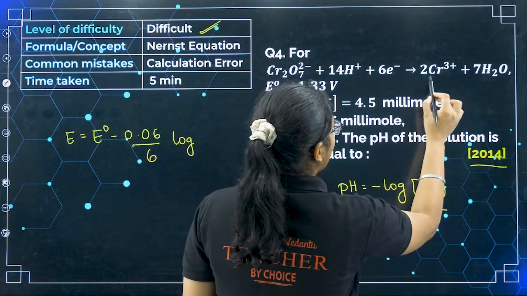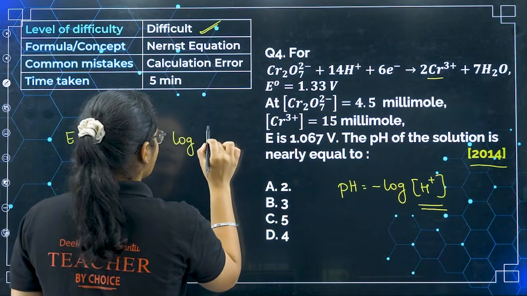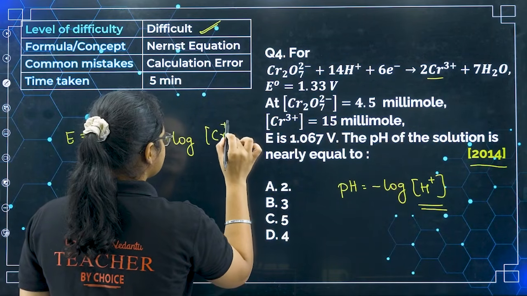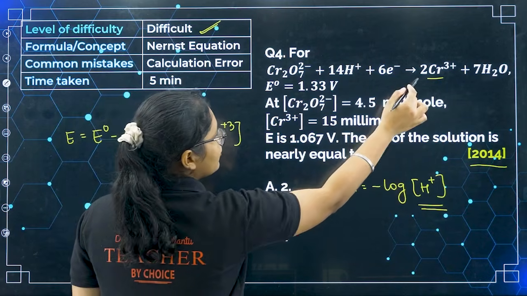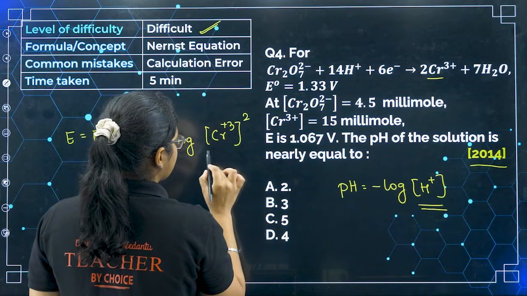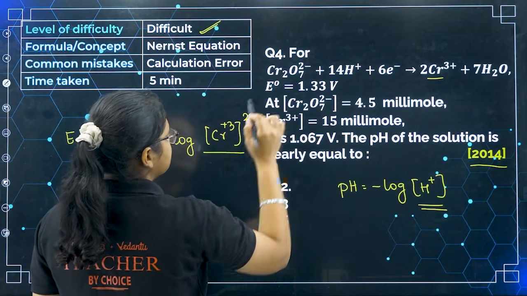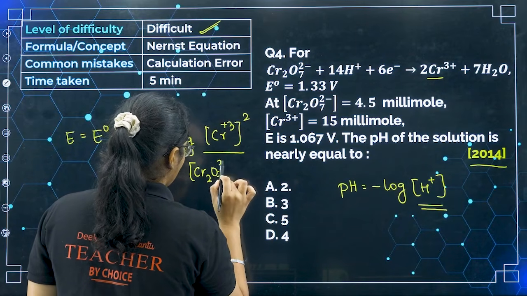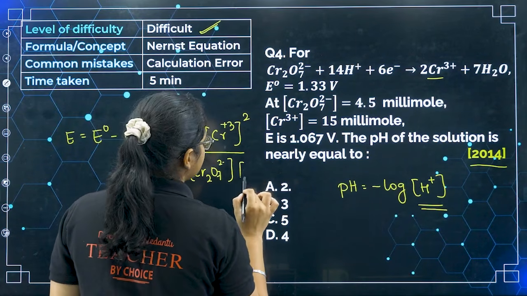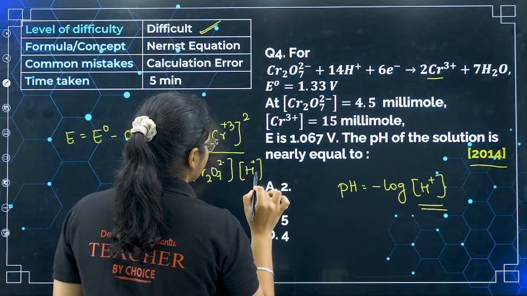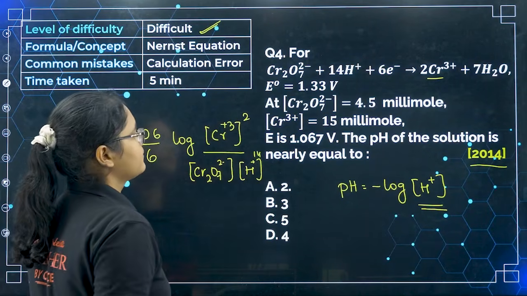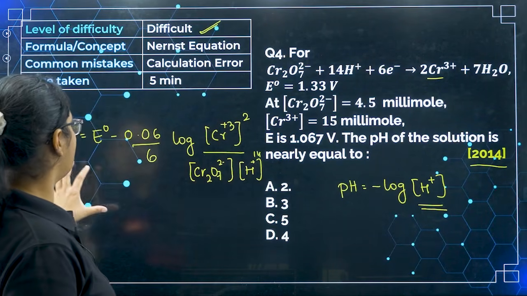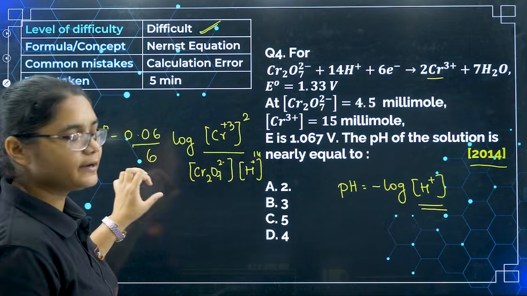So product side I have Cr3 plus, and 2 is the coefficient, right? Next you have Cr2O7, and then you have H plus to the power of 14. So this is the value that we want. Clear?